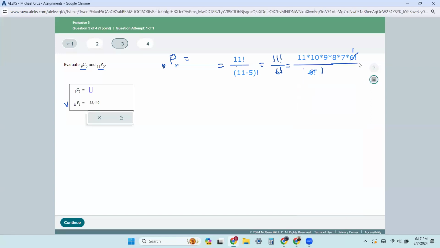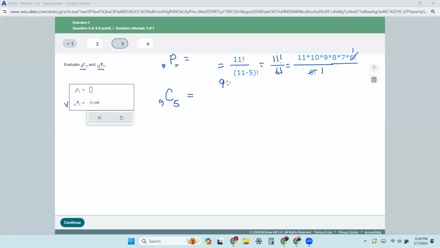All right. Now the combinations is a little bit harder because it's got an extra value down at the bottom. So let's see, we're going to put, so this is going to be, up at the top, we're going to have the 9 factorial.